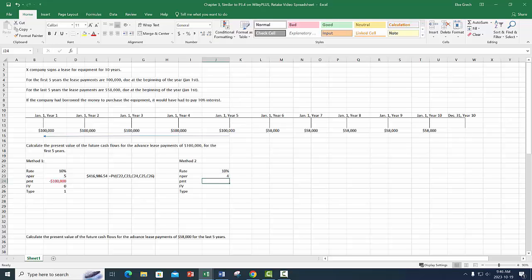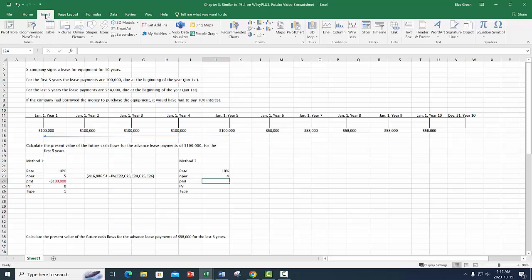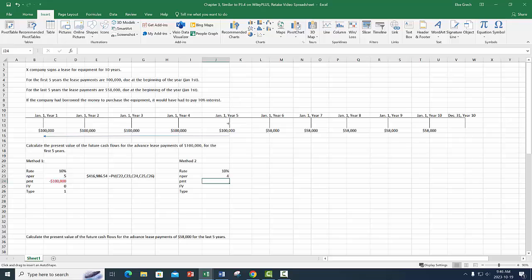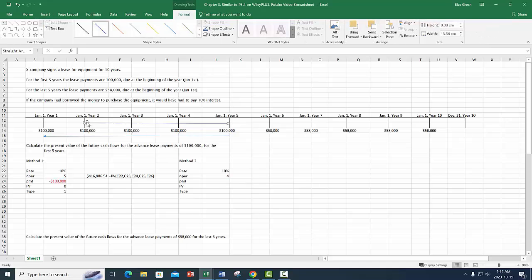And the reason I'm using 4 here is because, and I'm just going to insert an arrow again. Okay, and I'm going to change the color of the arrow because when I'm looking at this, I'm actually present valuing only the ones that I have to present value. Am I present valuing these?